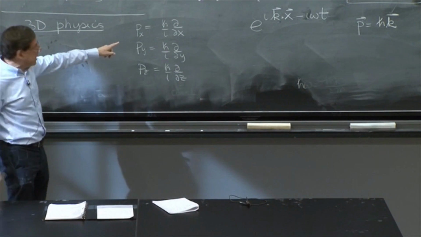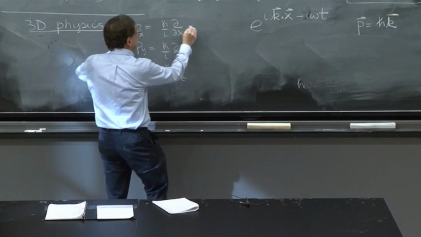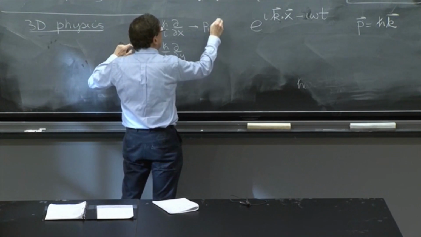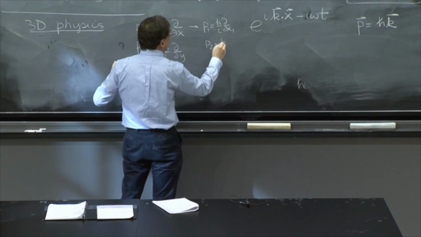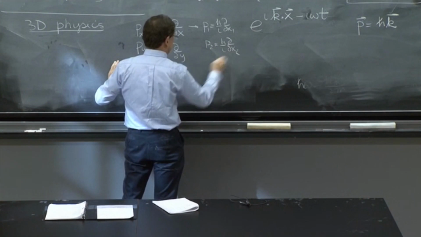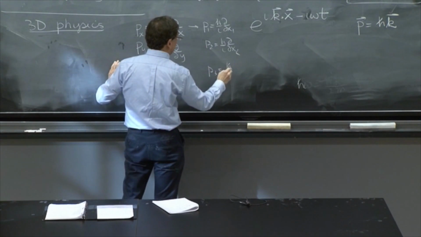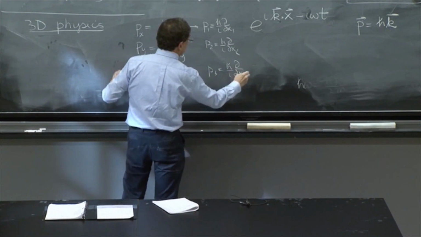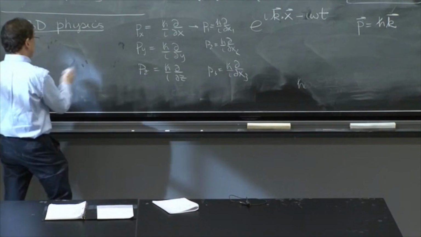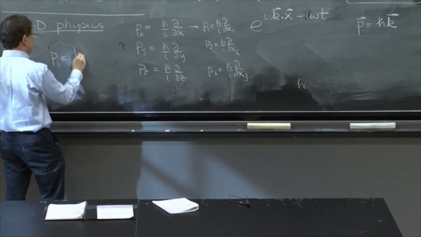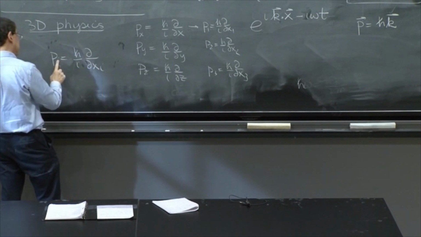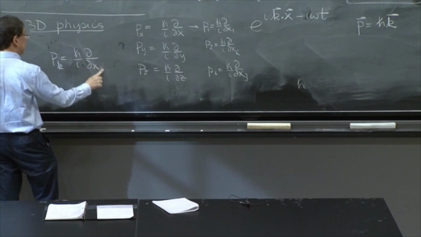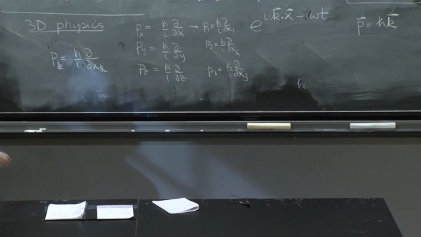Now, it may be easier to write this as p1 equal h bar over i d/dx1, p2 equal h bar over i d/dx2, and p3 equal h bar over i d/dx3. So that you can say that all these 3 things are pi equal h bar over i d/dxi. And maybe I should put pk, because the i and the i could get you confused, with k running from 1 to 3.